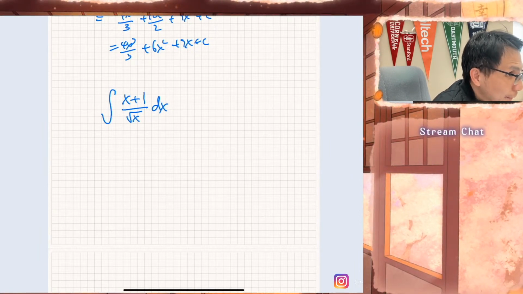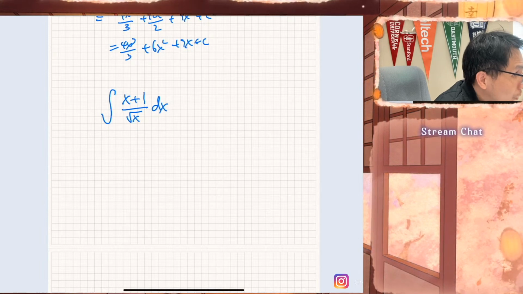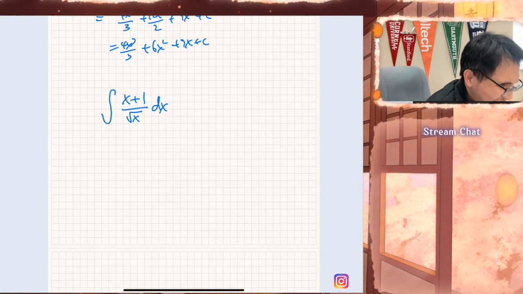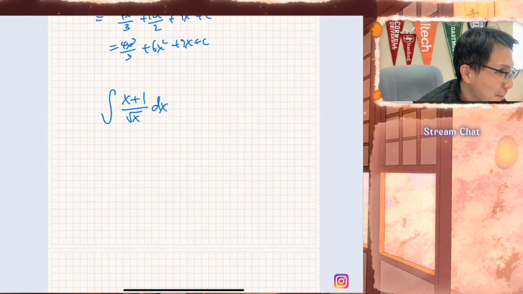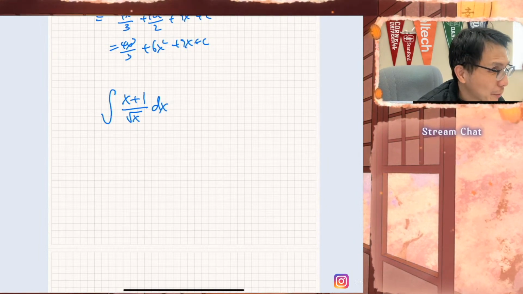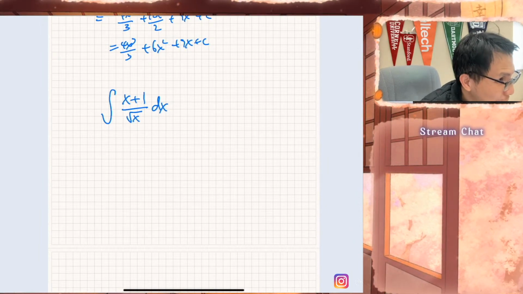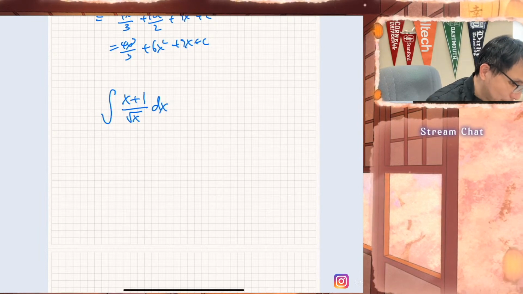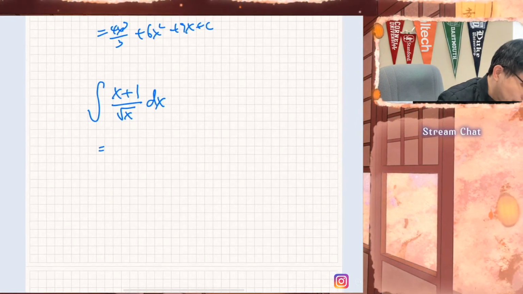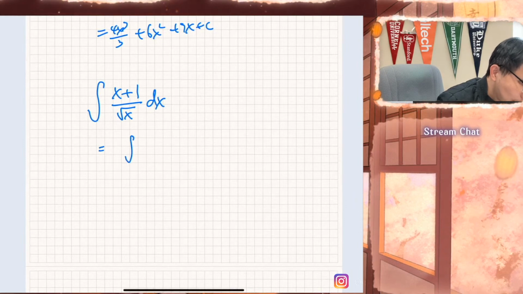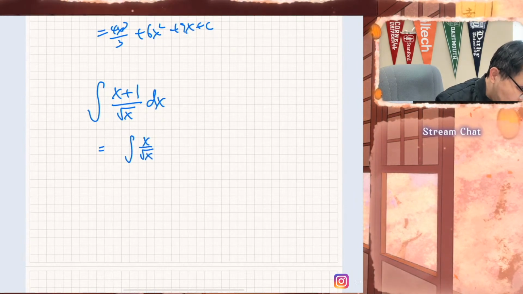What can you do here? Bring the x up? I see what you're saying, you might go somewhere with that, but I won't do that. Is it just x over square root of x plus x to the negative 1/2? You split them? Exactly, you split them.